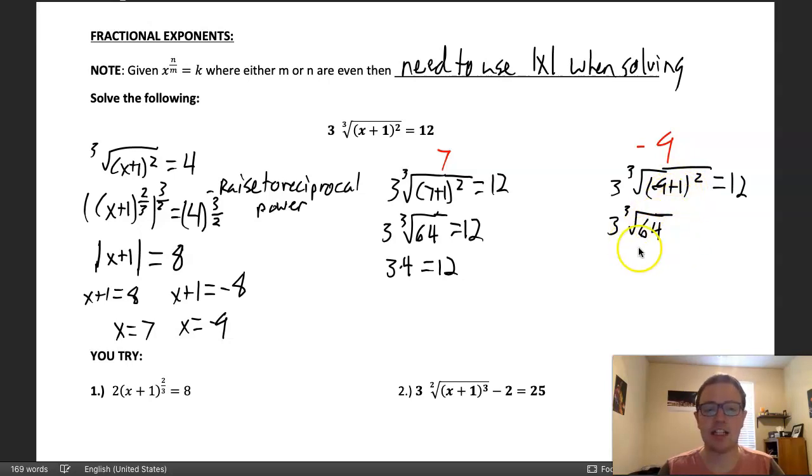Negative 8 times negative 8 gives us positive 64. And we end up with the same thing. We get 3 times the cubed root of 64, or 3 times 4 is equal to 12. So both our solutions are correct for this. Neither of them are extraneous. Our two answers are x is equal to 7 and x is equal to negative 9.